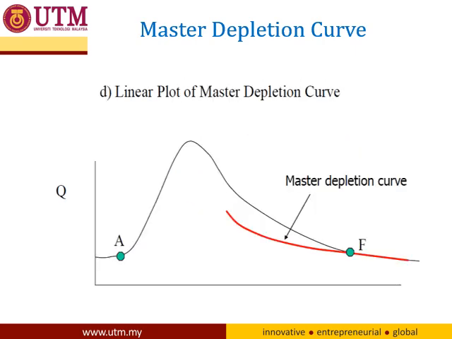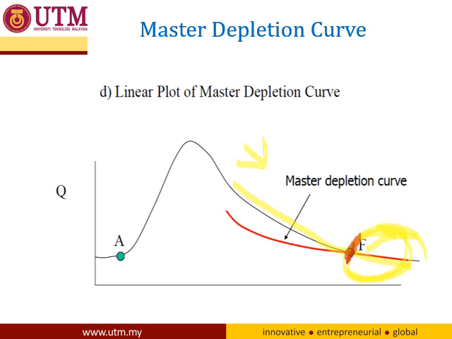Okay, so if we have a single storm or a single hydrograph, then we try to match this curve to the recession line of the Q. So this is the important part. Try to match this and make it fit, then we can say that this is the point F.